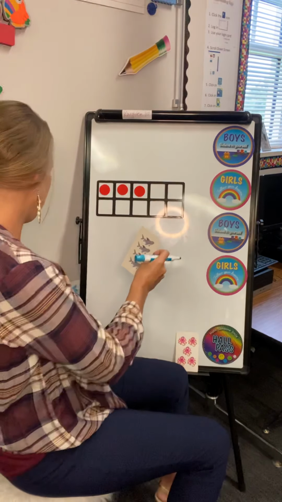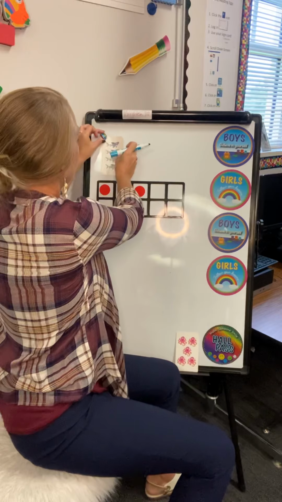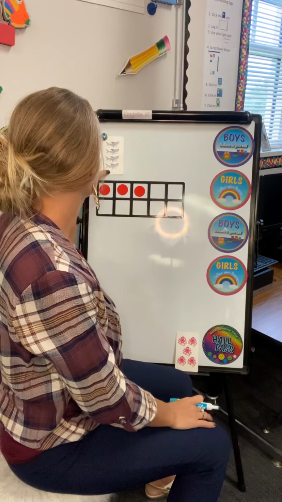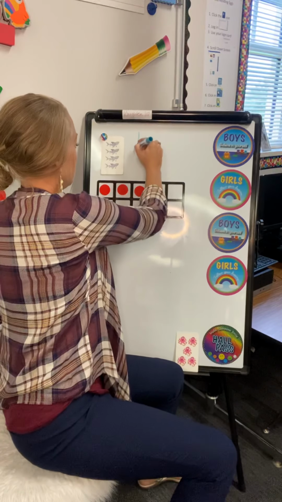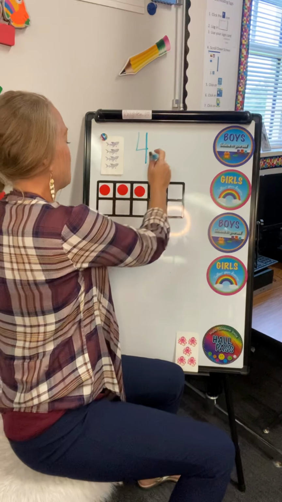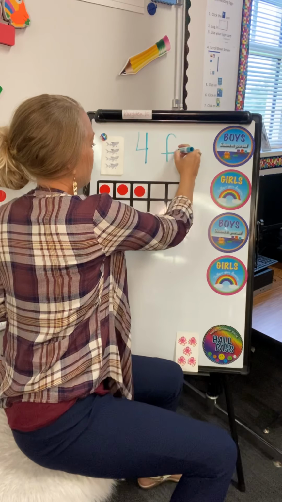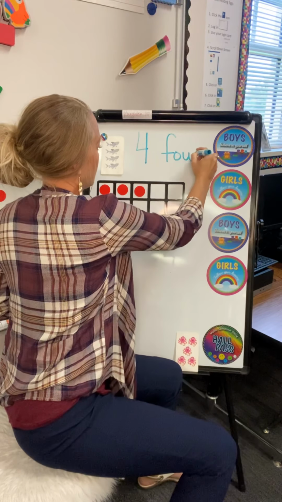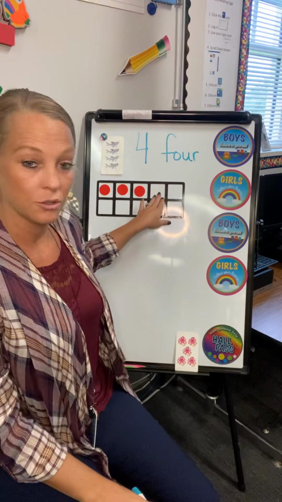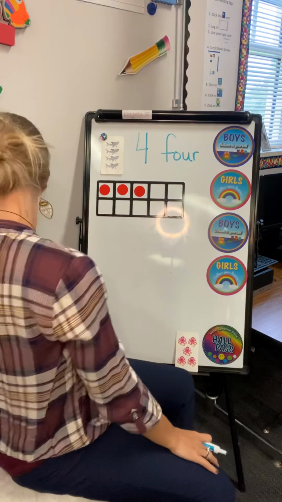So you can draw a picture of whatever you want, but just 4 of your objects. Then I'm going to write 4. I can show it writing the number, drawing a picture. I can write the word four, F-O-U-R, and I can also show 4 on my 10 frame.